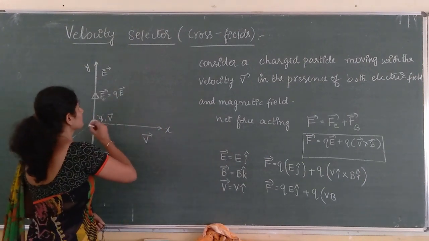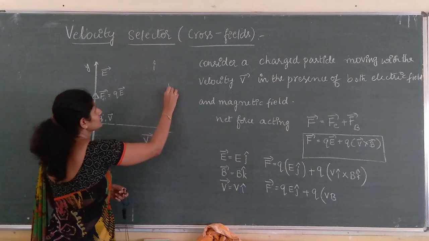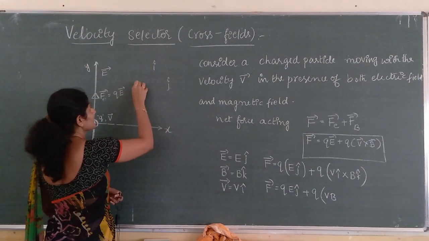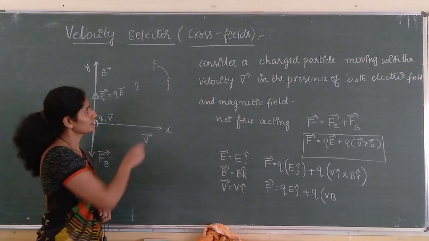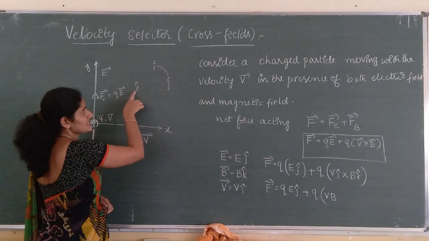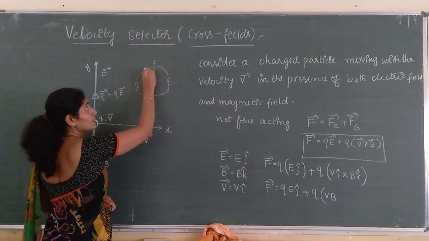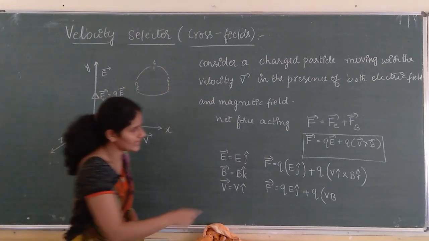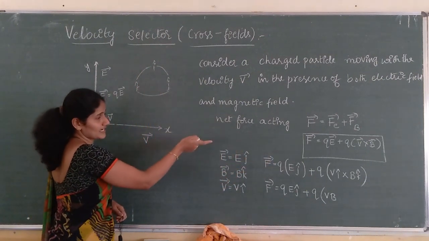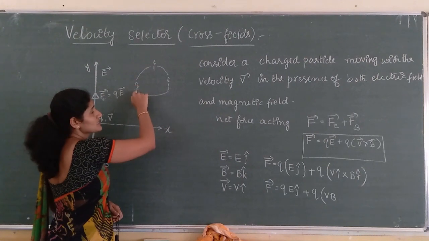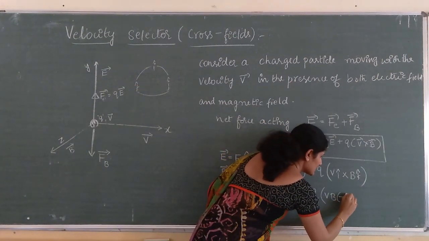We know that this is unit vector i, this is unit vector j, this is k. i cross j is k, j cross k is i, k cross i is j. But here we have i cross k, and k cross i is j, therefore, i cross k is minus j cap.